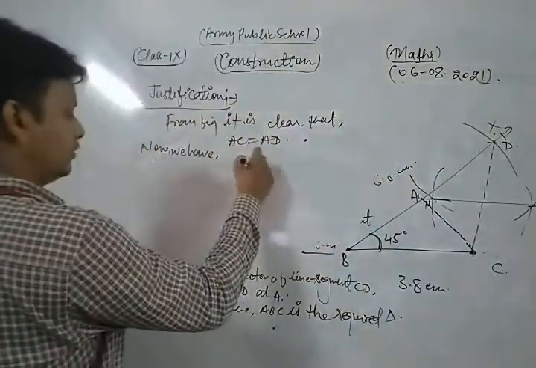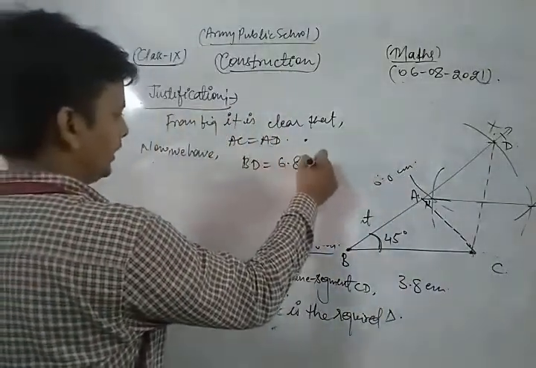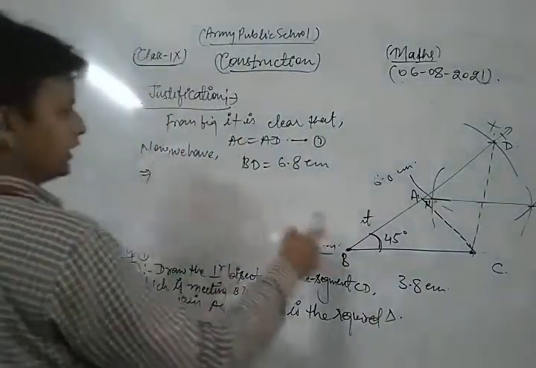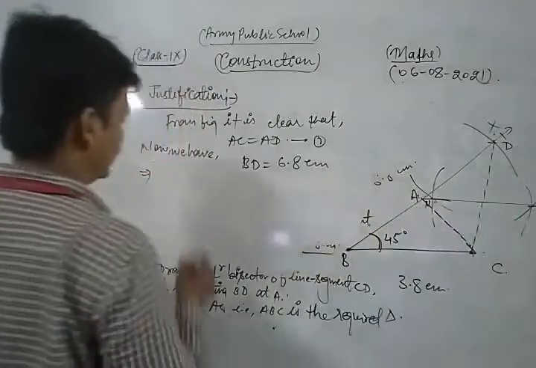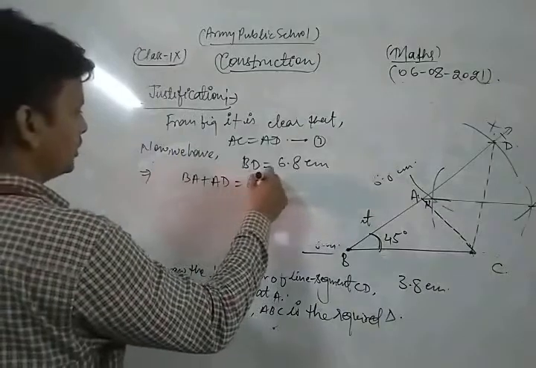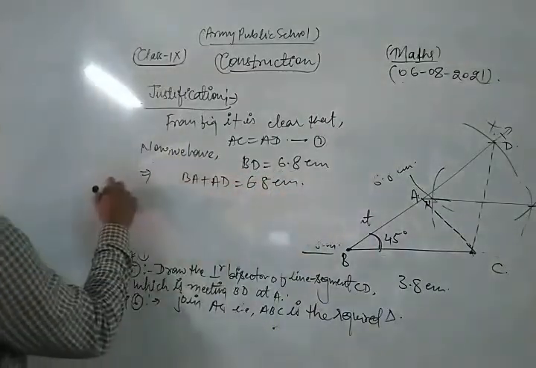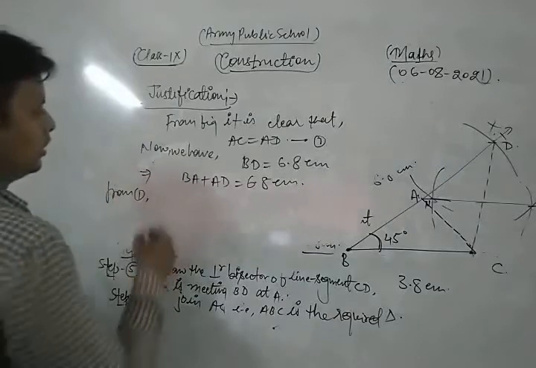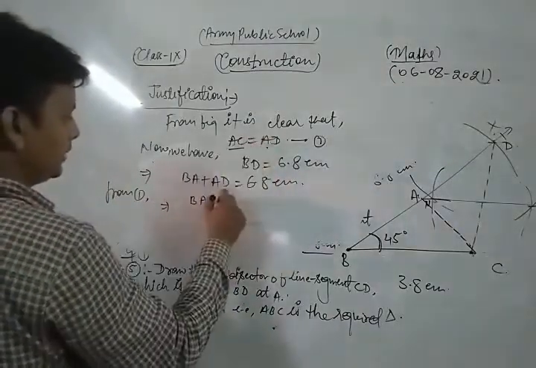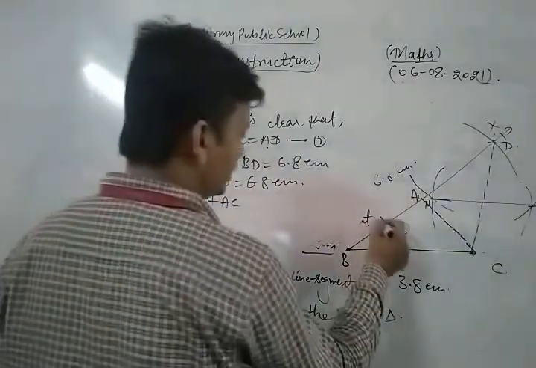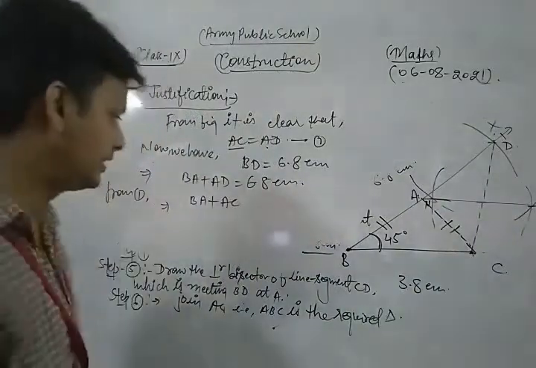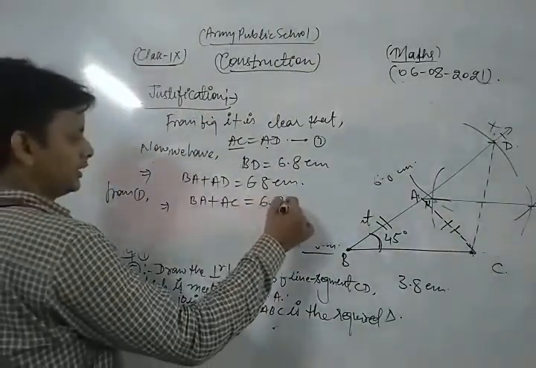Now BD is equal to 6.8 centimeter. Here we take this as equation number 1, and we can write BD as BA plus AD, so BA plus AD is equal to 6.8 centimeter. From 1, we put AD as AC: BA plus AC means AB plus AC is equal to 6.8 centimeter.